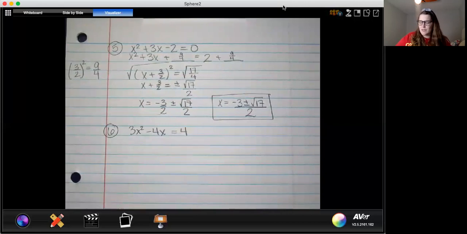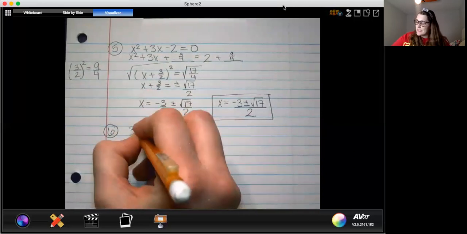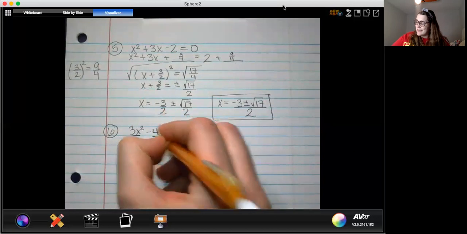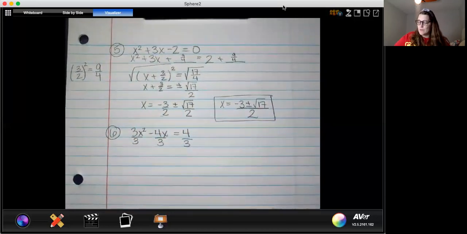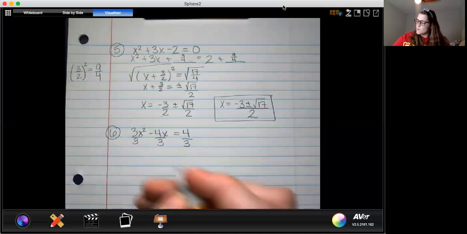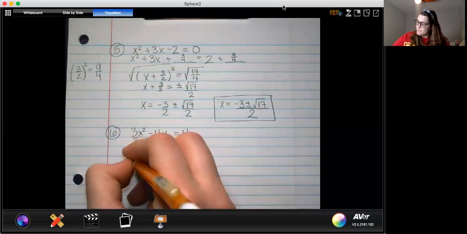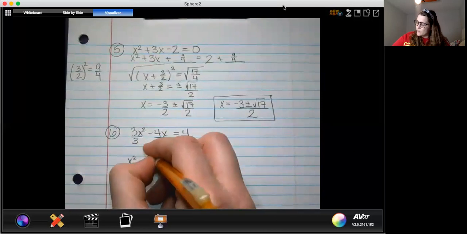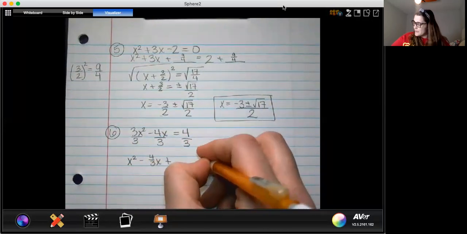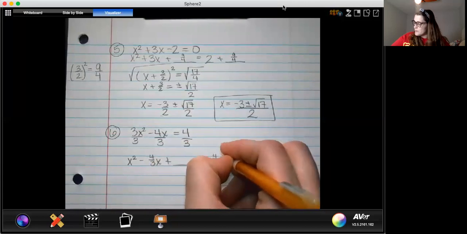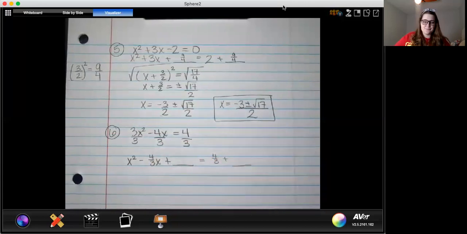But I don't have 1x squared, so I need to divide each term by a. That means I need to divide each term by 3. So I have x squared minus 4/3 x plus blank equals 4/3 plus blank.